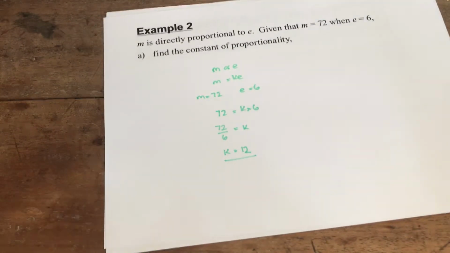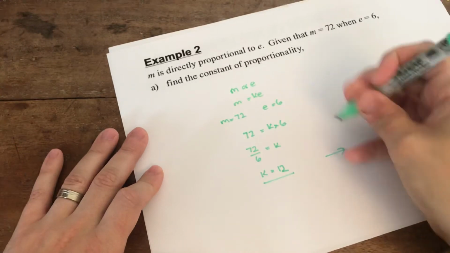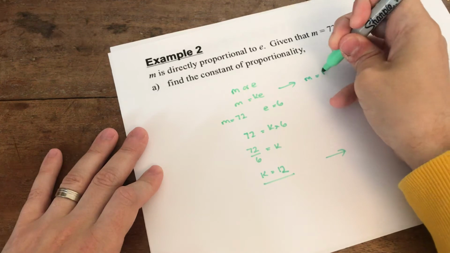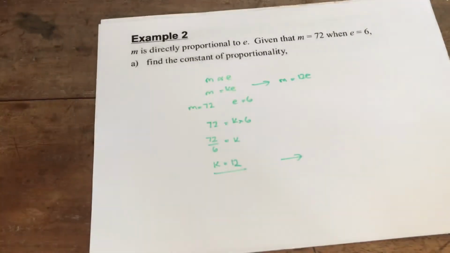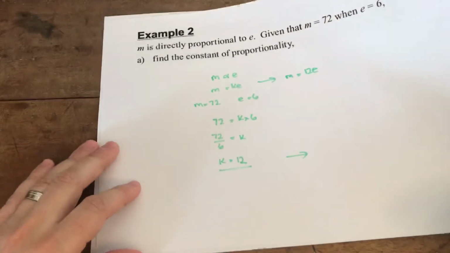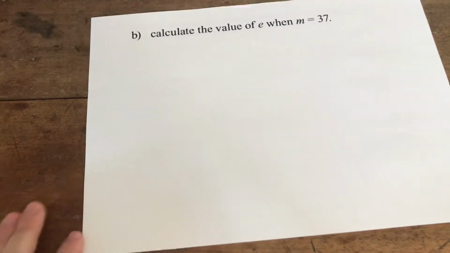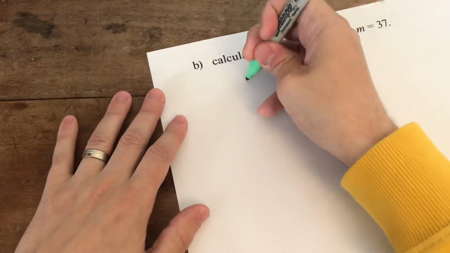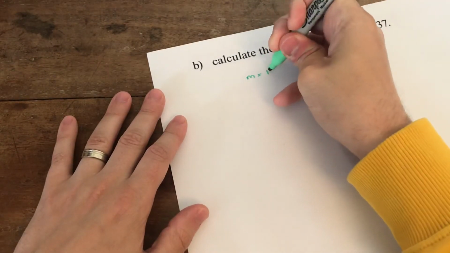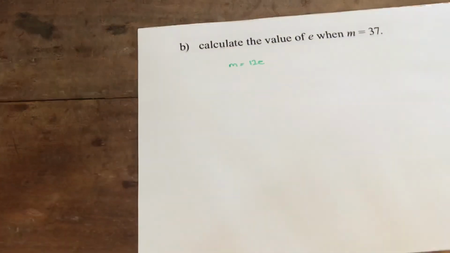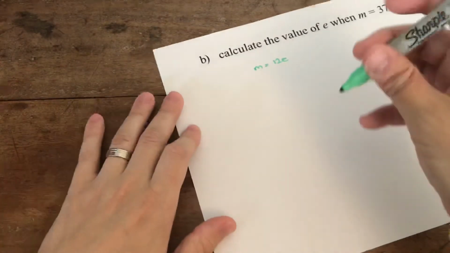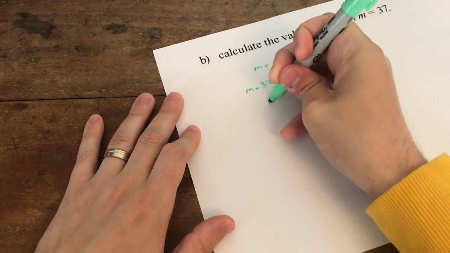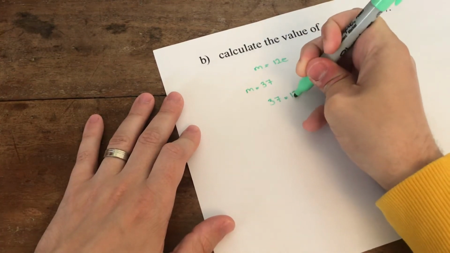That's all we have to do for it at this point. If we wanted, we could put that back into the equation up here, which would give us m equals 12e. And that's what we're going to use for our next part. For our next part, we're asked to calculate the value of e when m equals 37. So I take my equation, m equals 12e, and substitute in the value I'm given: 37 equals 12e.